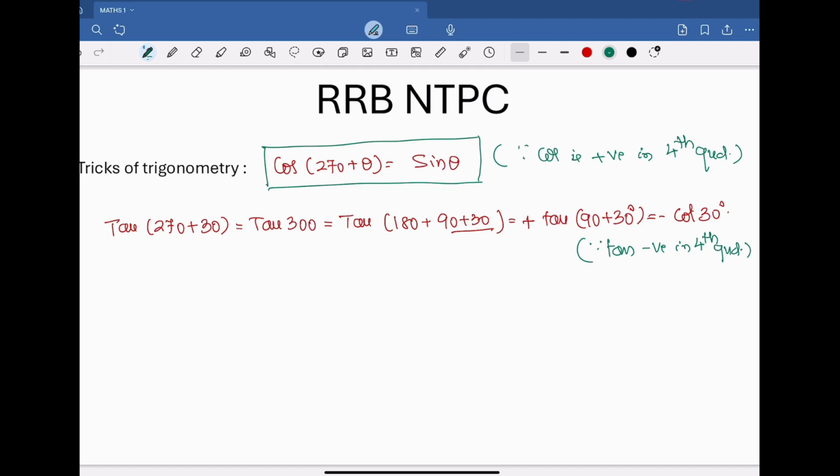Then tan 300 will be minus cot 30. That means tan 270 plus theta is equal to minus cot theta. This is the rule.